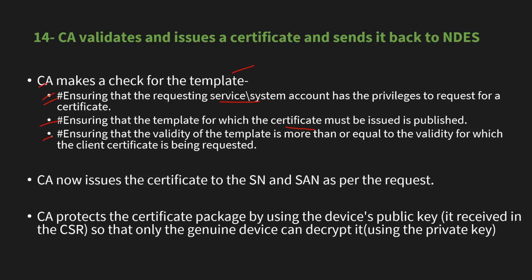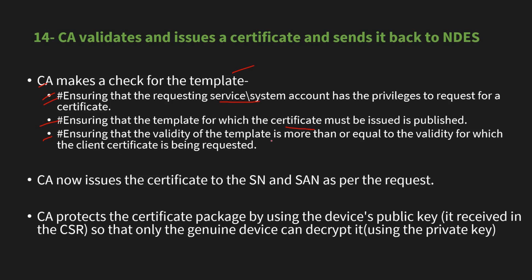So if my certificate template has a validity of 2 years, then I can request a certificate of a validity of anything less than or equal to 2 years. And this is something that I'm mentioning in the SCEP profile, which the admin is creating, which in turn is coming down to the device in the form of CSR.